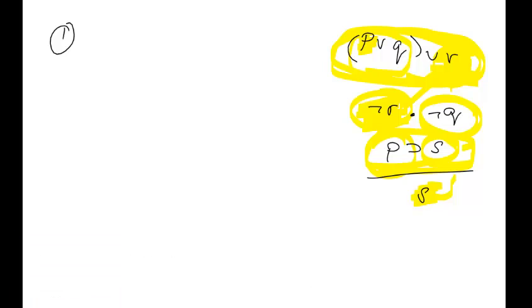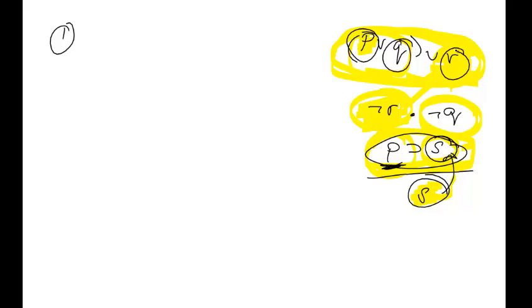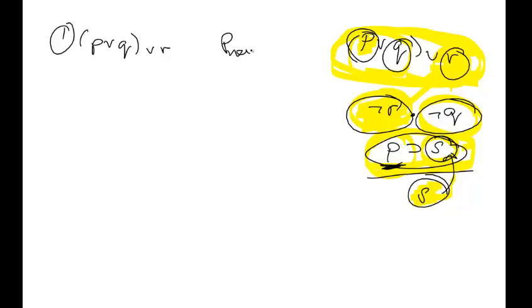Now you've got the basic strategy of backtracking from the S, seeing what you need here. I need to get the P, but in order to get the P, I need to break it out of these two disjunctions. The key to breaking it out is right here. So let's go ahead and list the premises. Line 1, we've got P or Q or R, and that's a premise.